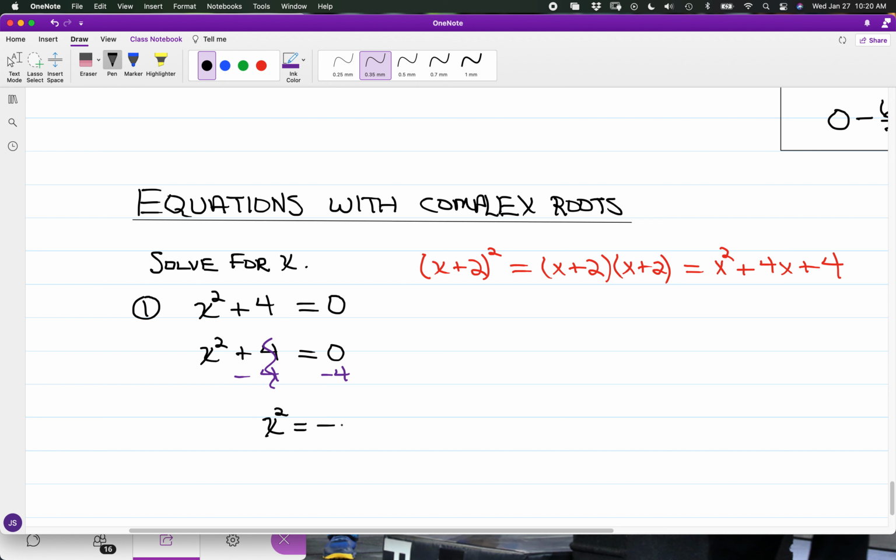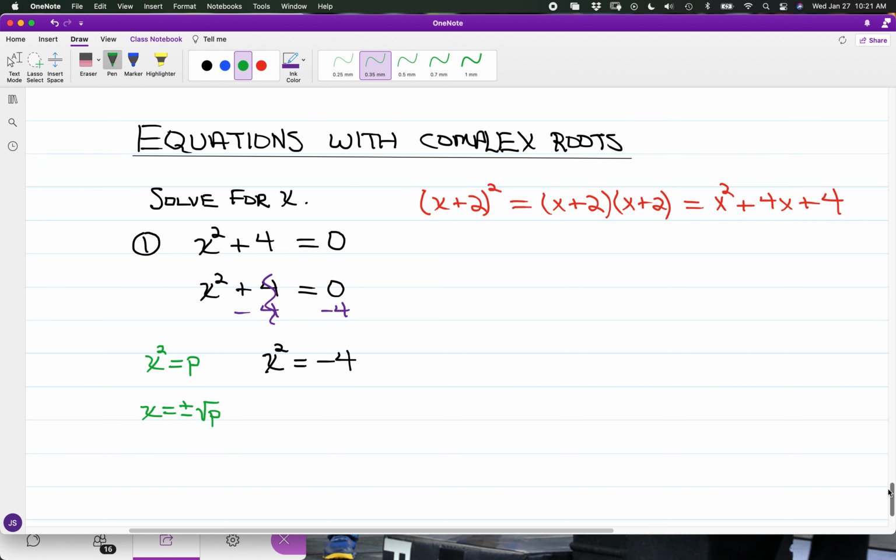So we have x squared is equal to negative 4. Now, in terms of crossing over to the stage where the square root property of equality arises, like your x squared is equal to p, and p happens to be negative 4.